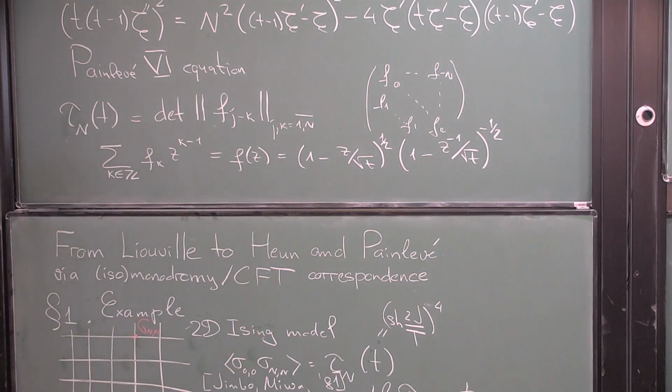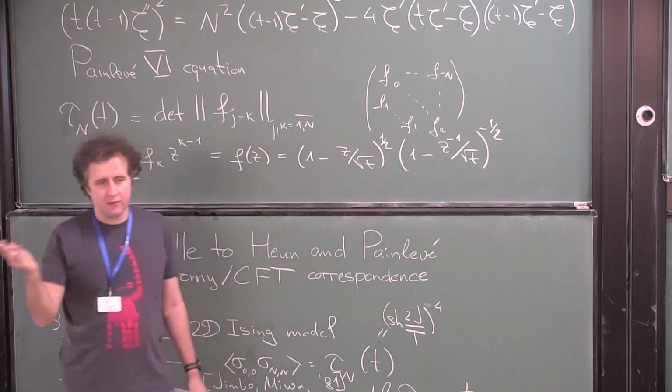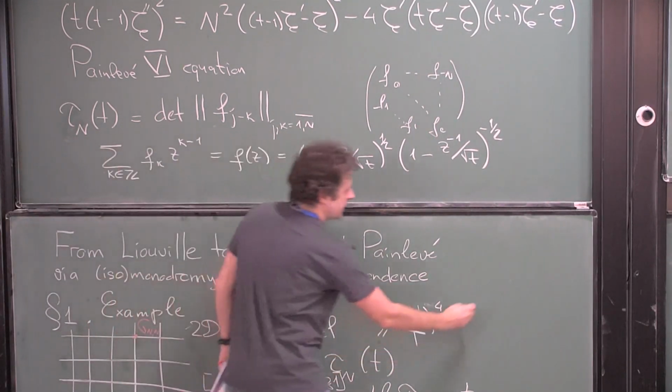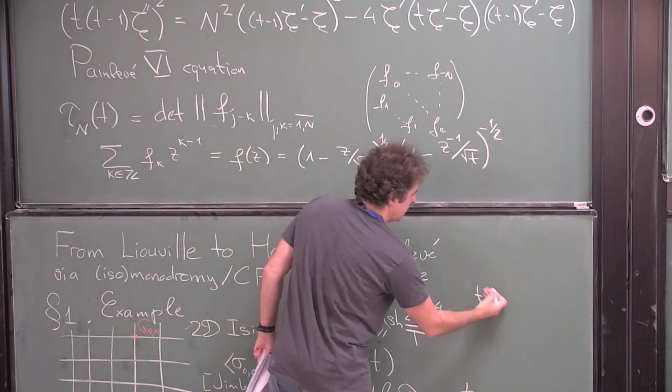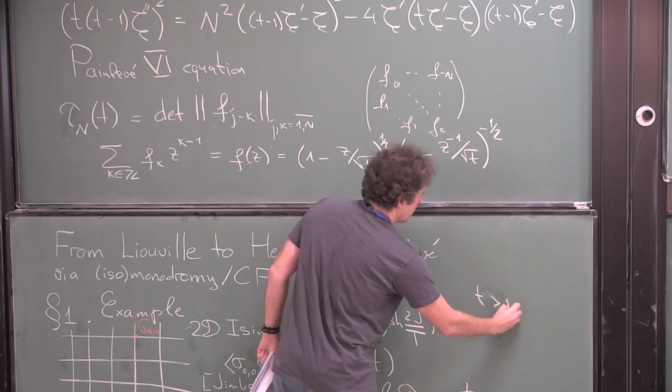I forgot to say that this corresponds to the ferromagnetic region of parameters in the Ising model. So this means that t will be greater than 1.